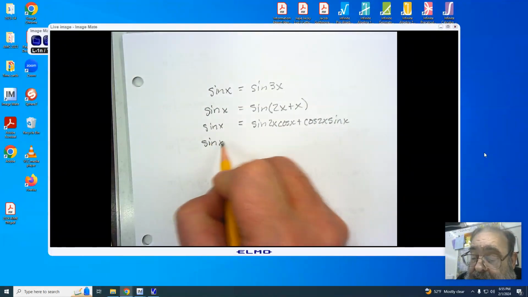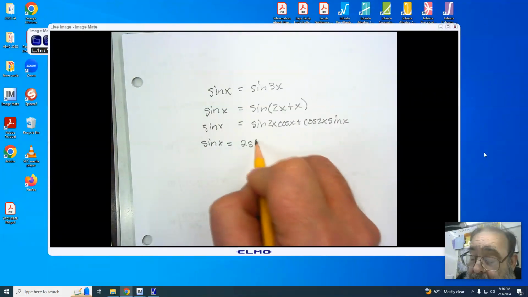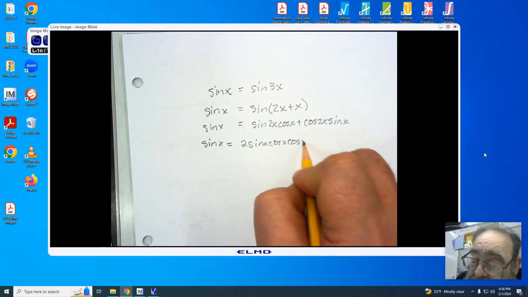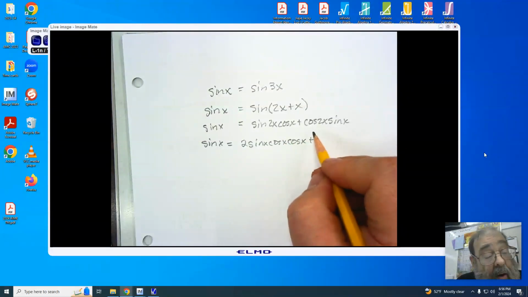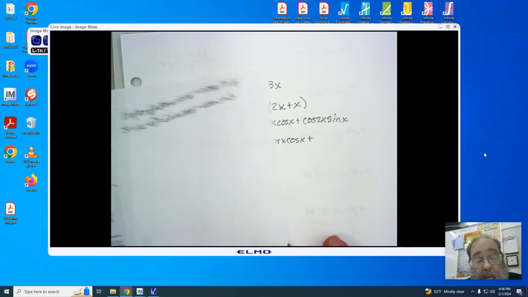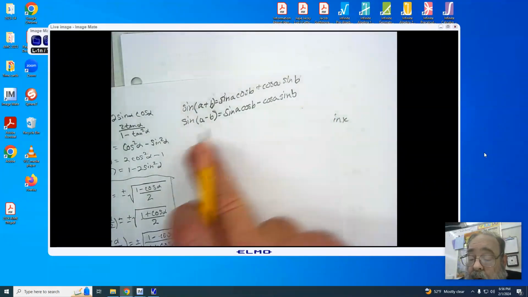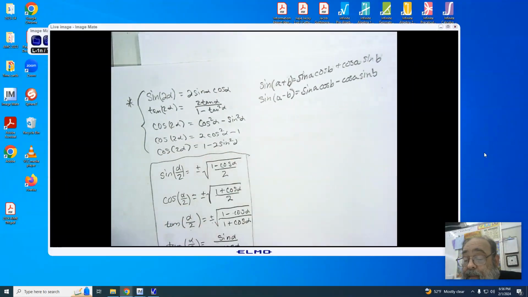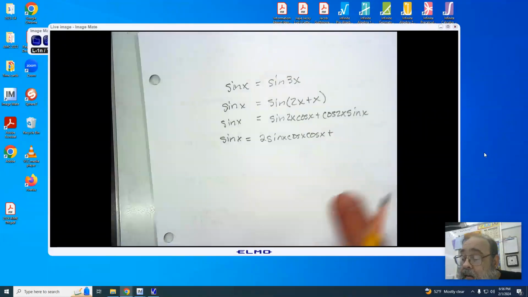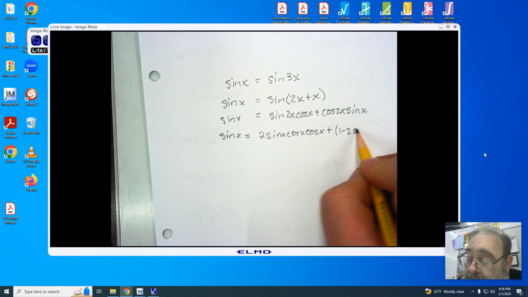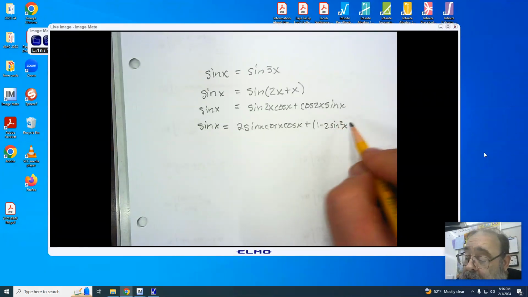So the sine of x is equal to 2 sine x cosine x times cosine x, plus, and I'm now going to have to use one of my double angle identities for cosine, and the one that I'm going to work with is the one that uses the sine. So 1 minus 2 sine squared x. Once again, we're going to put that in right here. This is going to give me 1 minus 2 sine squared x times sine x.